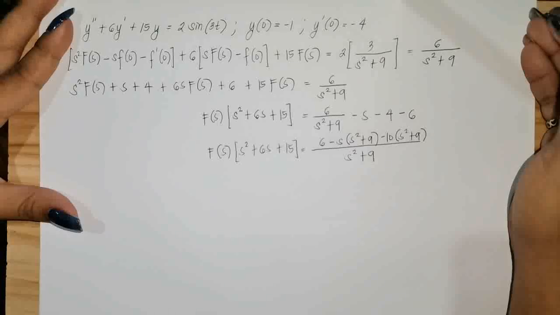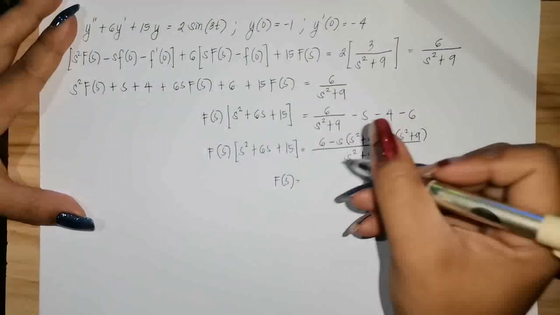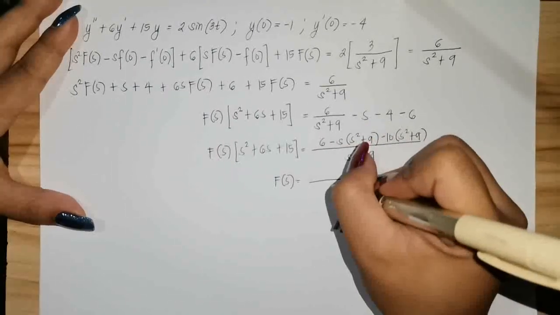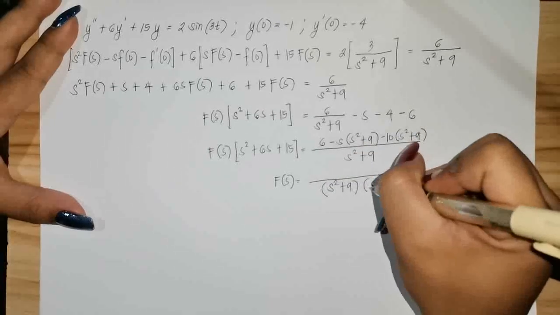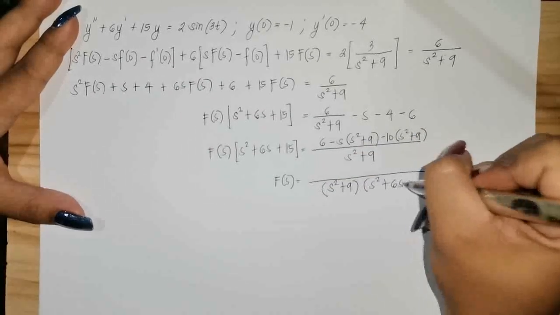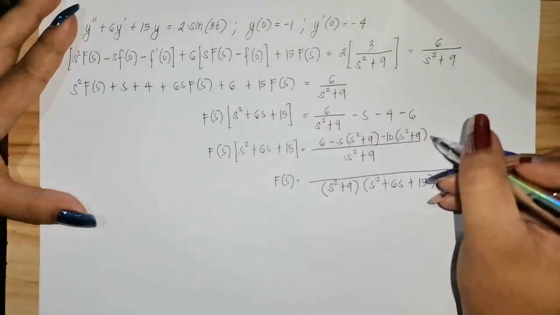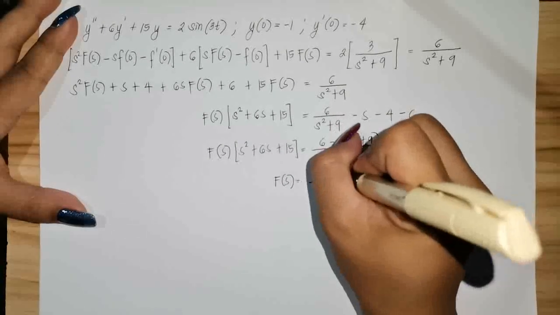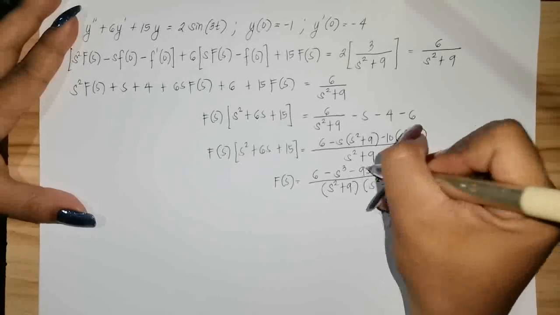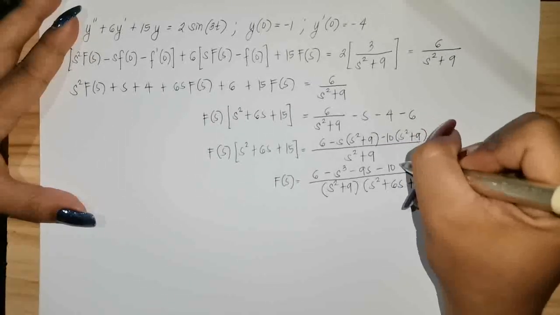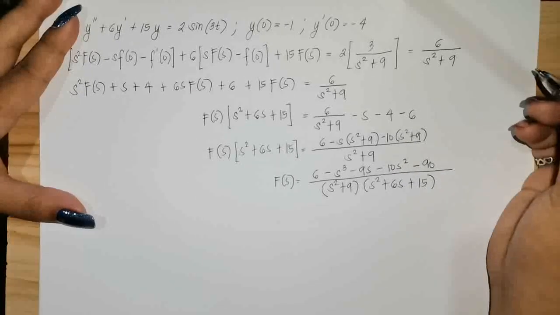Okay, now for your f of s, you will now have a denominator of s squared plus 9 multiplied to s squared plus 6s plus 15. Then simplify your numerator, that is 6 minus s cubed minus 9s minus 10s squared minus 90.